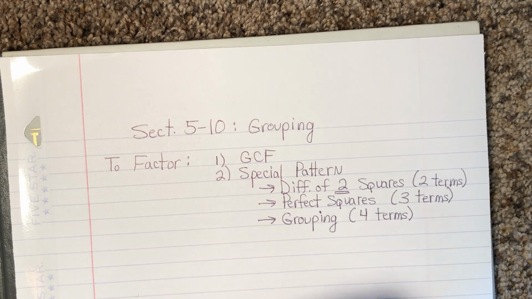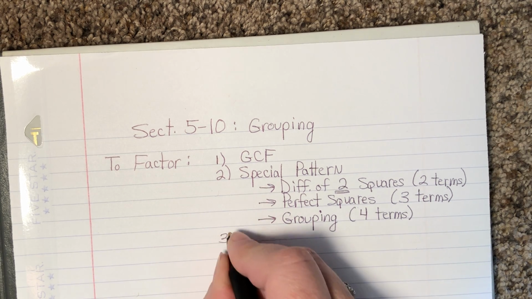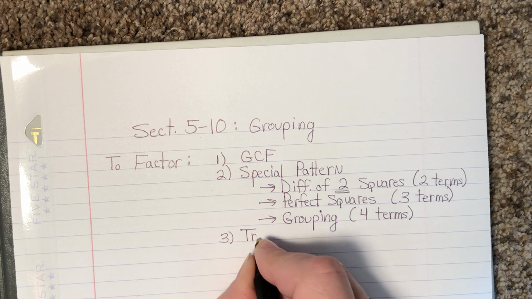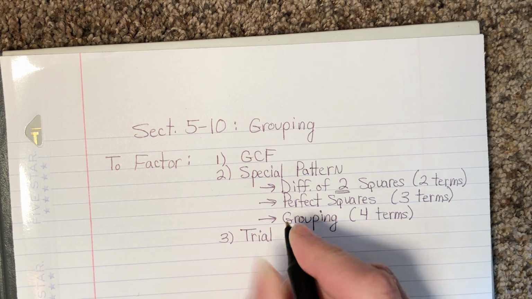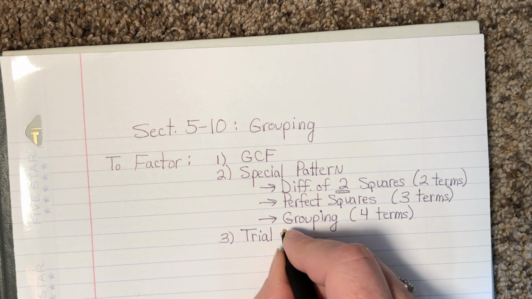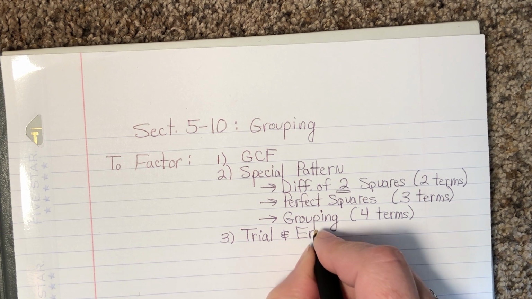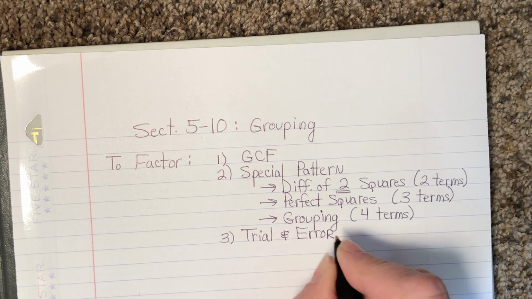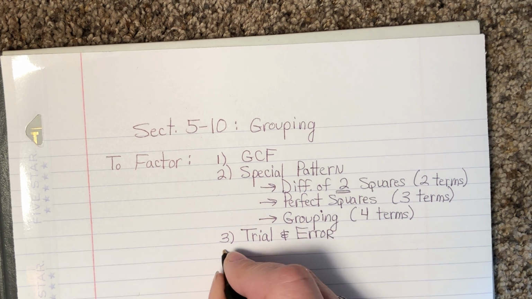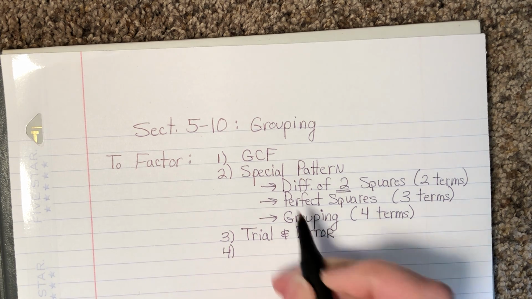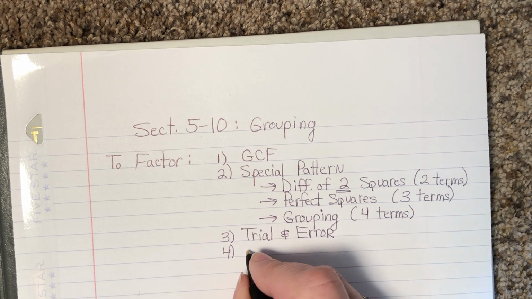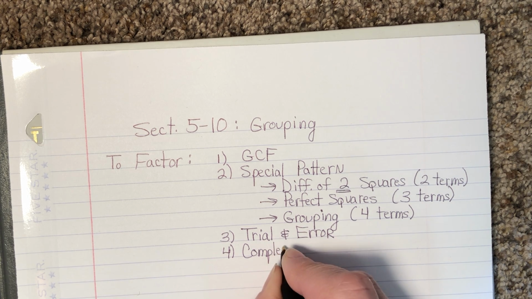Now, beyond the special patterns, we have trial and error. That would be the next thing to look at. And once you've gone through all this, you want to look at your work and see if it's completely factored. Always check that.